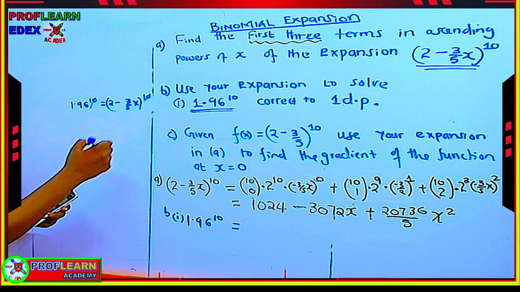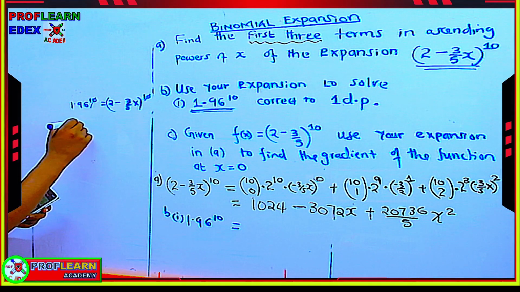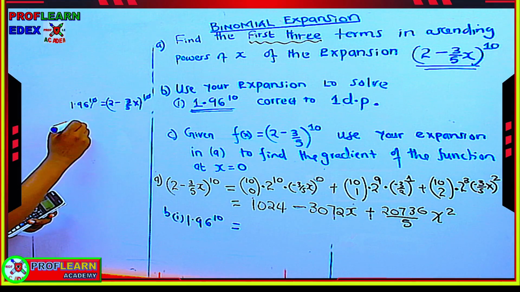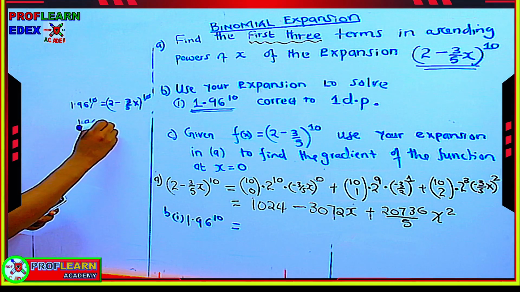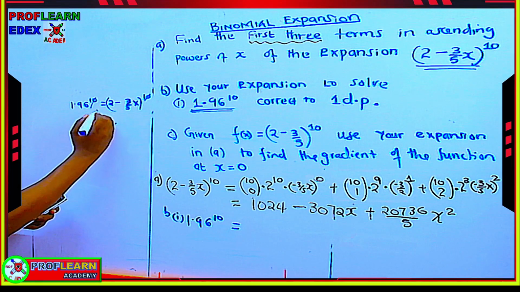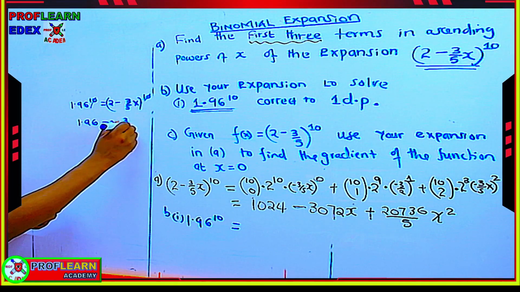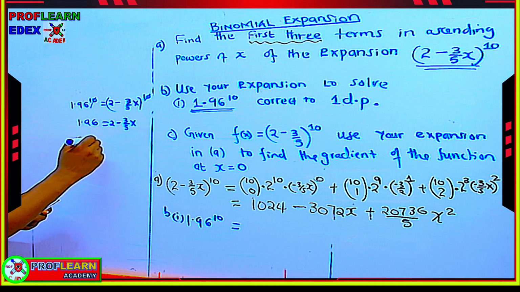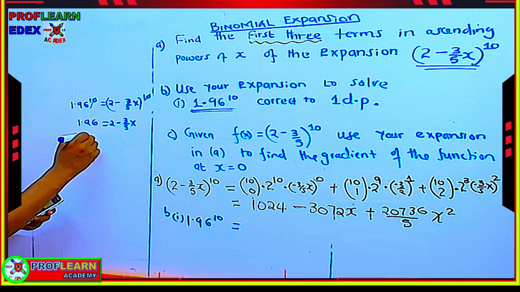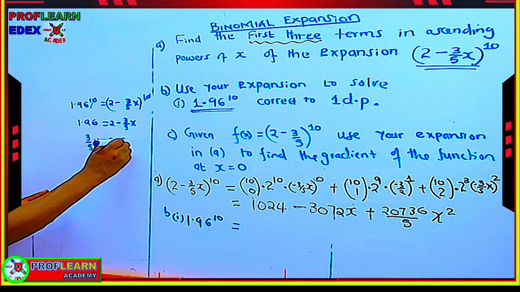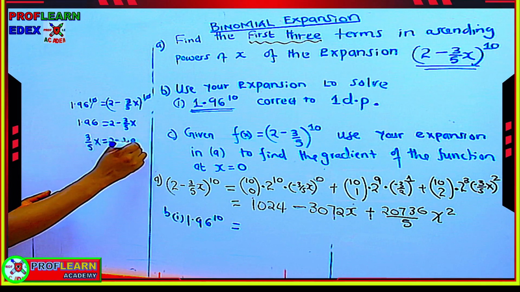and this will cancel out, and we shall have now 1.96 is equal to 2 minus 3 over 5x. This will go on this side, and 1.96 will go this side. It will be 3 over 5x is equal to 2 minus 1.96.